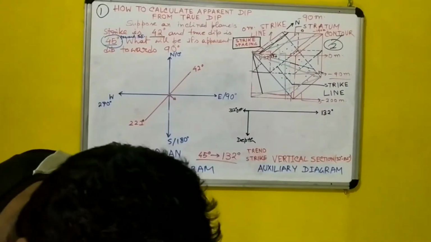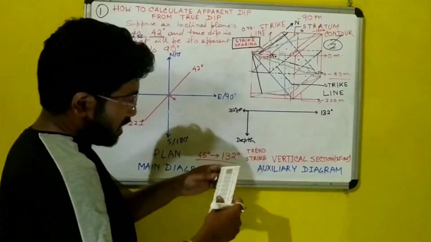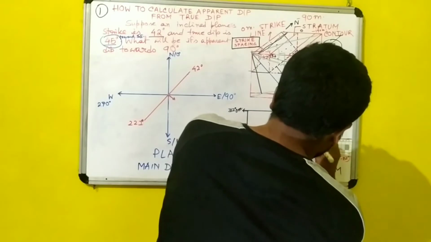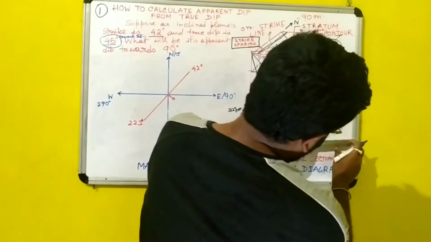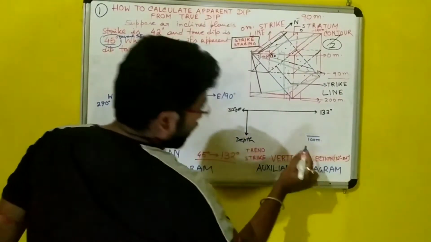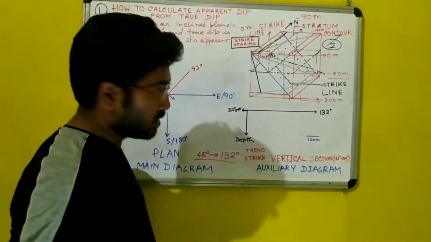So by applying this logic, we have to take one scale for convenience. I am taking 4 centimeter on this scale. This is equivalent to 100 meter. Suppose for convenience I am taking this.